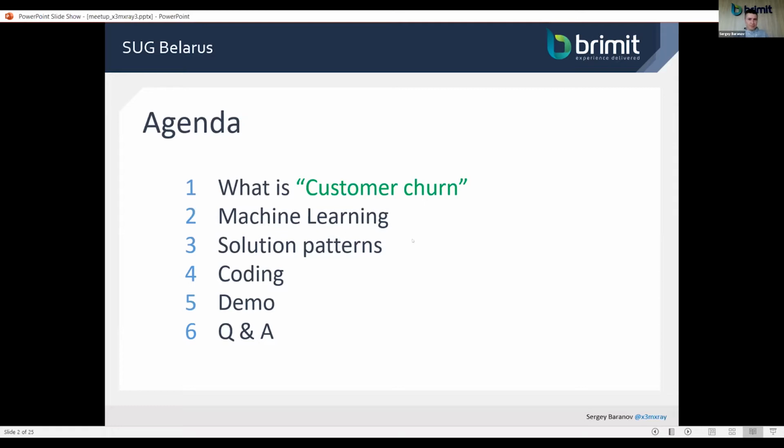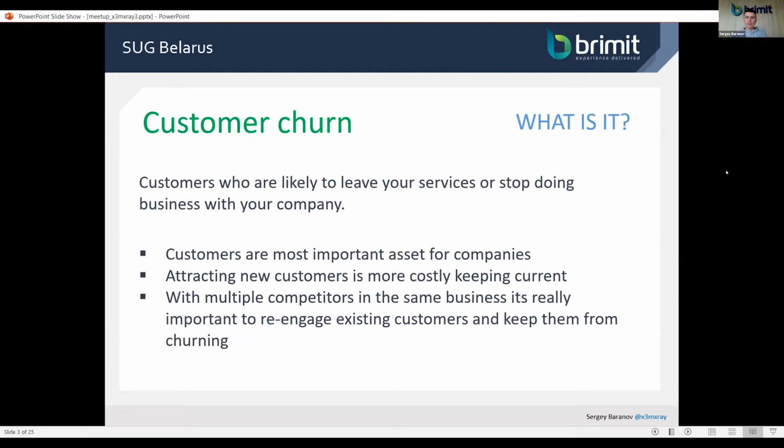Then I explain some solution patterns that can be used for churn prediction and how to use them in Sitecore. And in the end, of course, I show you a demo. I would be glad to answer questions, and I can show some code snippets of how it's implemented in the processing engine.